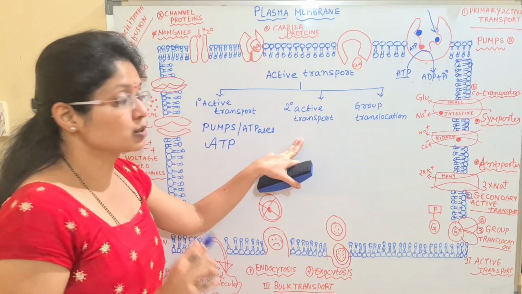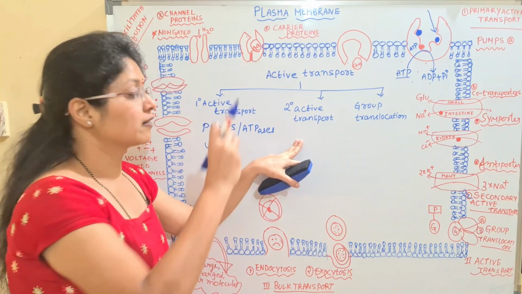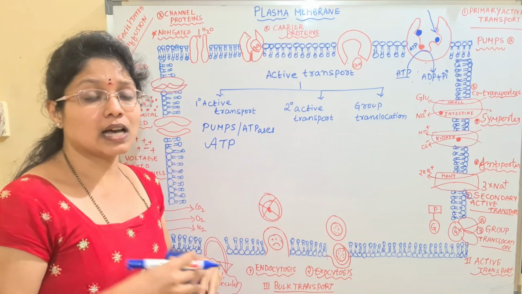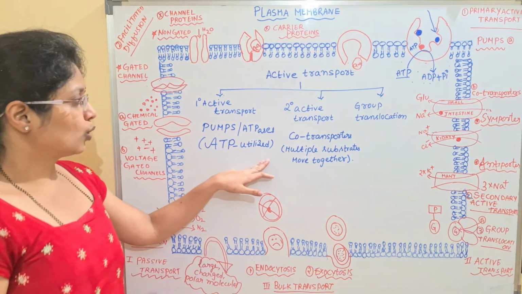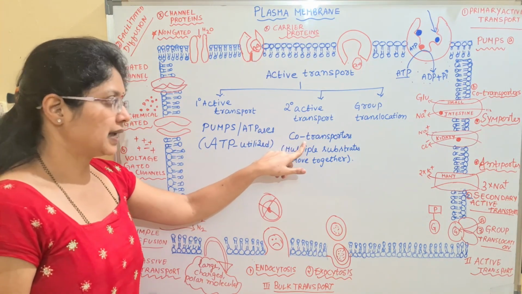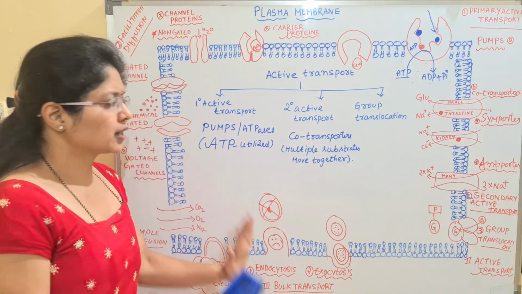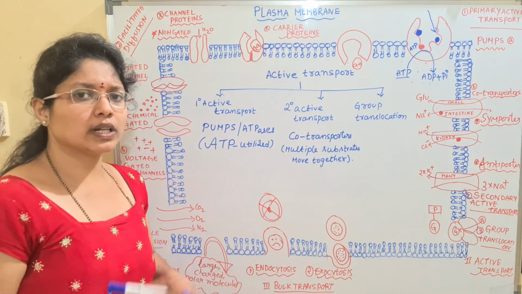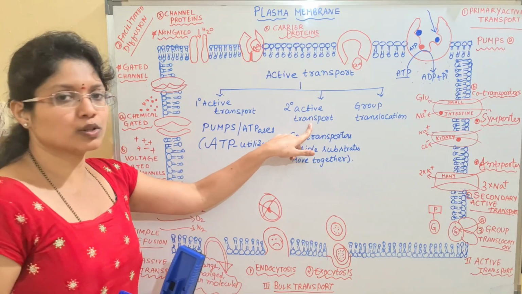So the co-transport system is mainly seen in the case of secondary active transport, and here the carrier proteins are renamed as co-transporters. Okay, so in the secondary active transport, the carrier proteins are mainly of which type? Co-transporters. Exclusively the carrier proteins are completely the co-transporters in the secondary active transport system. Why?